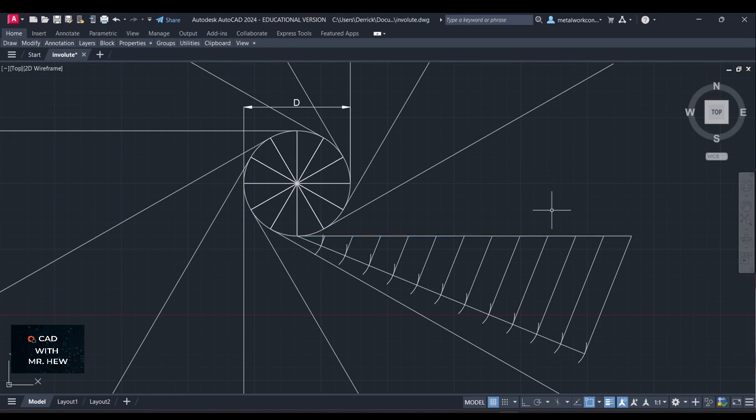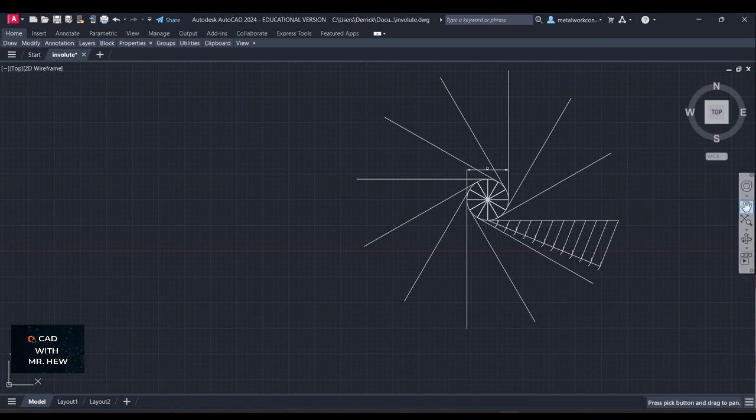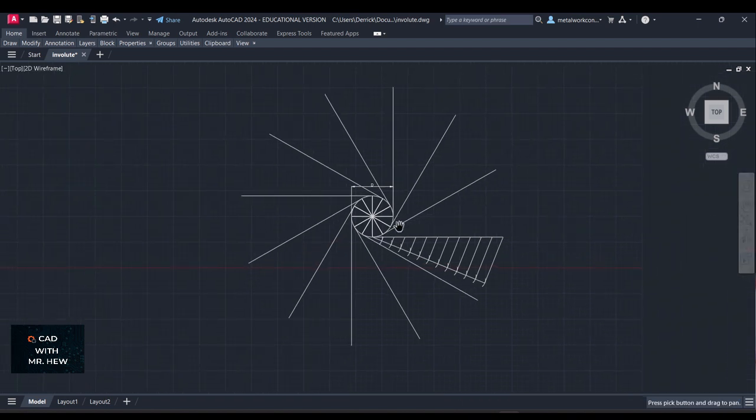Now, the next step is to draw circles from the center of the original circle, and the radius would be from the center of the circle to these points here along this horizontal line. Is that clear?